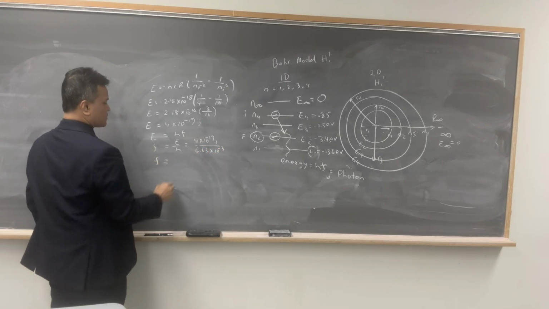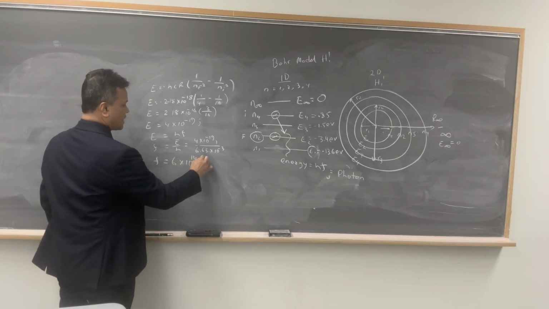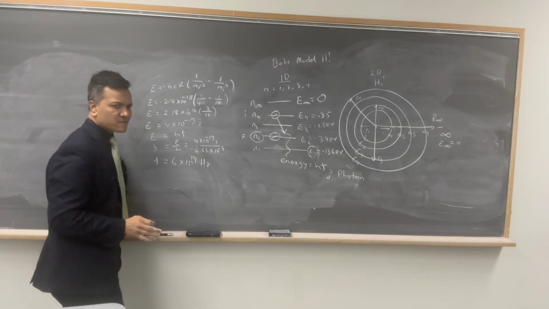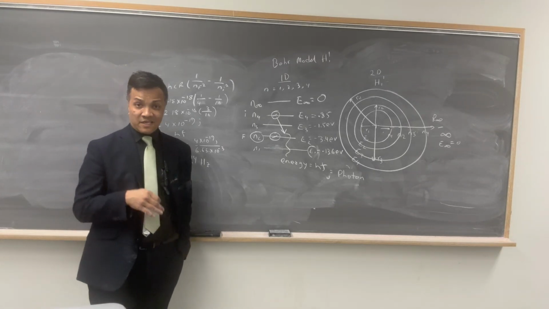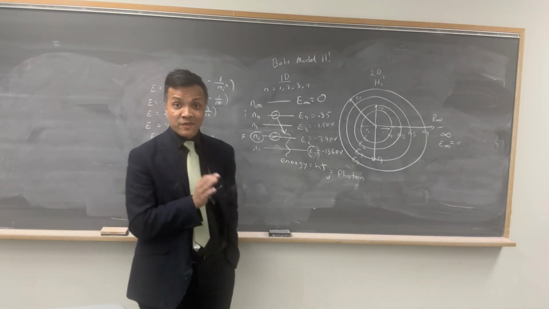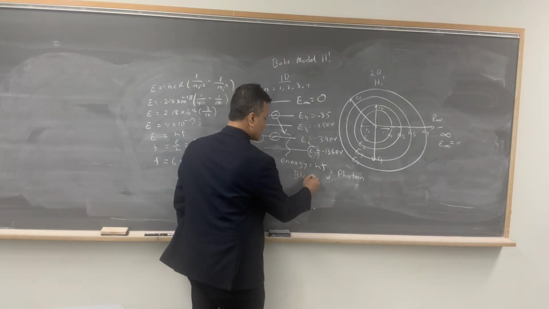So f is equal to what? 6 times 10 raised to 14 hertz. And the Balmer series says if it is 6 times 10 raised to 14 hertz, it is in the region of blue and green. So we humans perceive it as either blue or green.